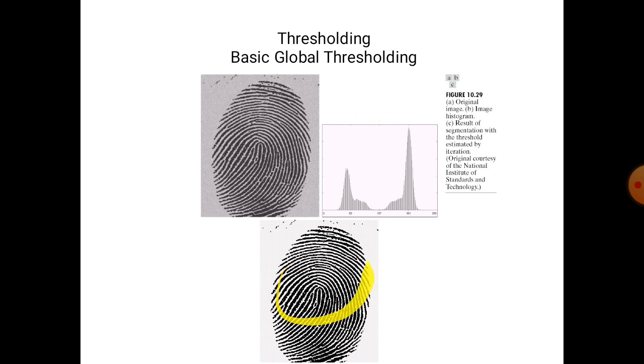This figure shows the result obtained using T equal to 125 to segment the original image. As expected from the clear separation of modes in the histogram, the segmentation between object and background was quite effective.